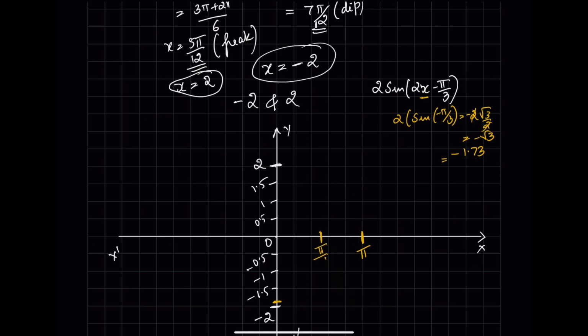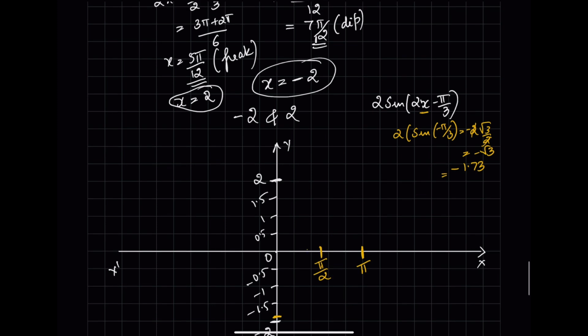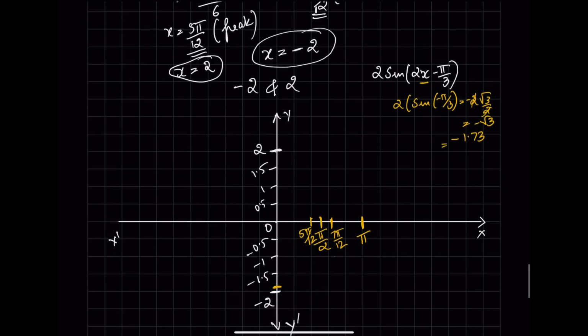This is π/2. Our 5π/12 would be somewhere here. And 7π/12, how much would that be? 180 divided by 12 times 7, so that's 105. This is 7π/12. At 7π/12 is our least value, which is here, and at 5π/12 is our highest value, which is here.